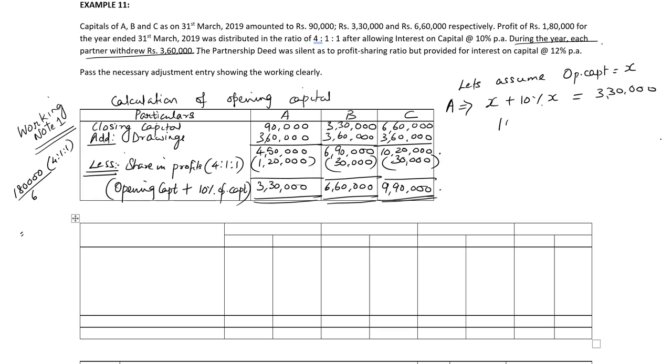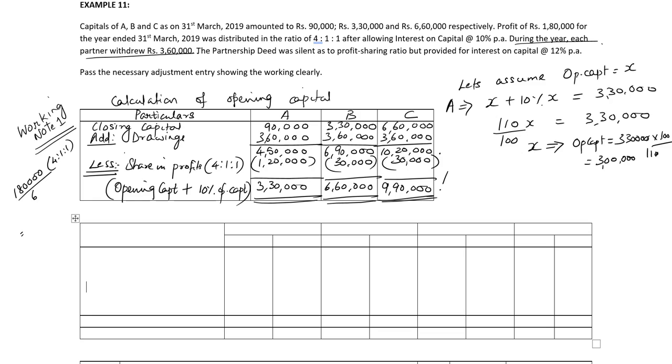So 110 divided by 100 X is equal to 3,30,000. Therefore X, which is nothing but the opening capital, is equal to 3,30,000 into 100 divided by 110, which is equal to rupees 3 lakh.